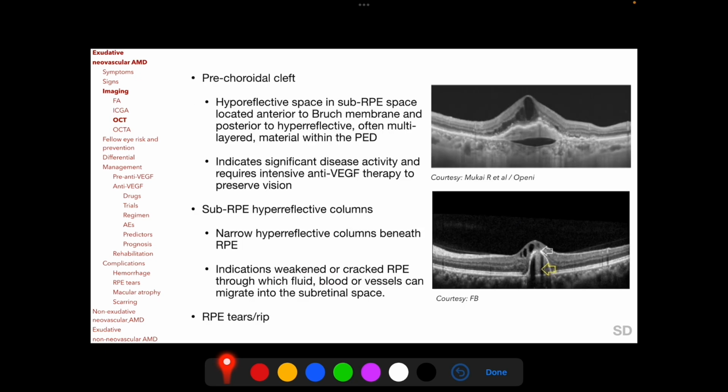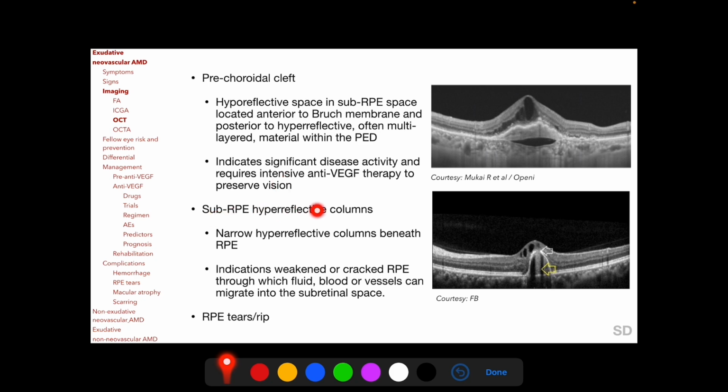Other OCT signs of activity in neovascular AMD include a prechoroidal cleft, which appears as a hyporeflective space in the sub-RPE region located anterior to the Bruch's membrane and posterior to usually a multilayered sub-RPE material. This indicates significant disease activity and requires intensive anti-VEGF therapy to preserve vision.